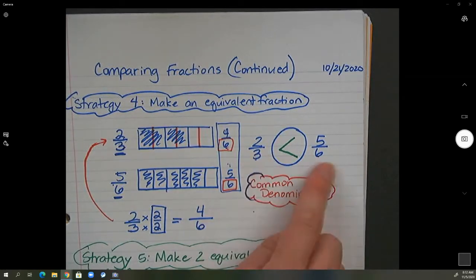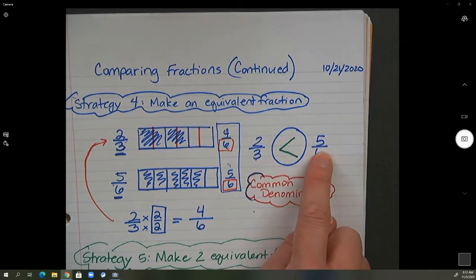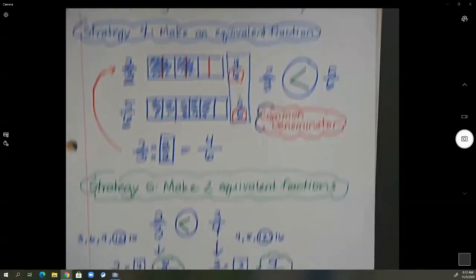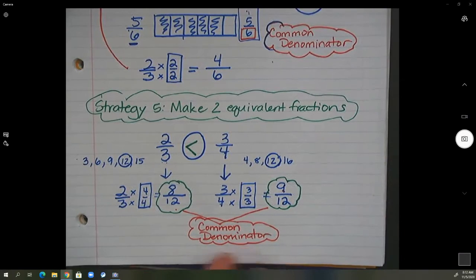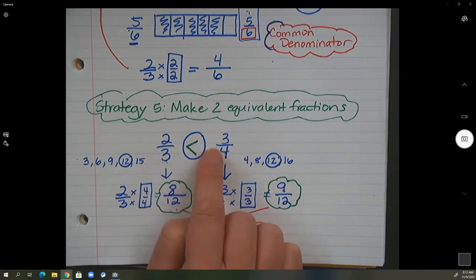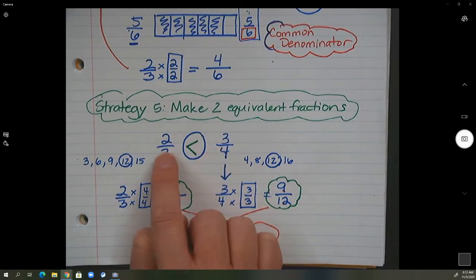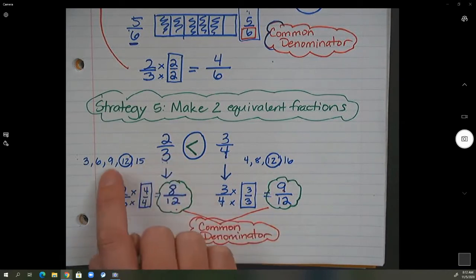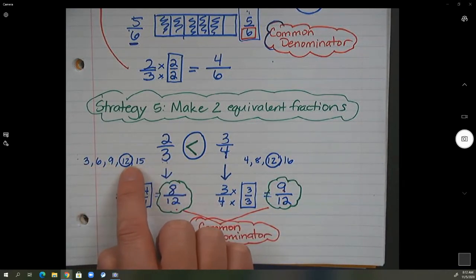Sometimes it's not quite that easy. Right here, we can just use this denominator and only change one fraction. But sometimes you actually have to change both fractions, right? In this case, 2/3 and 3/4, I can't turn thirds into fourths, right? And I can't turn fourths into thirds, so I have to find one that is common for both. And that's where you find the common multiples, right?